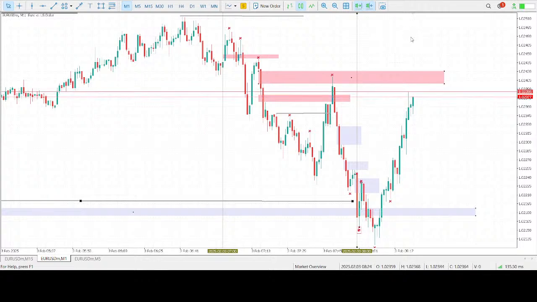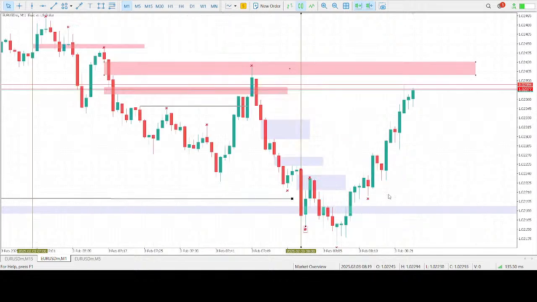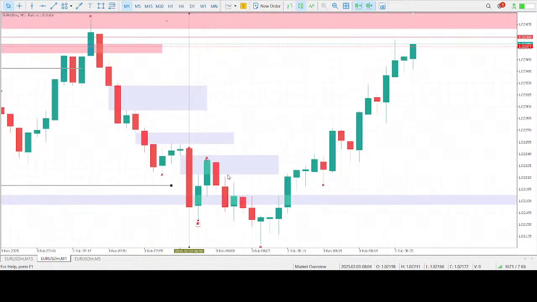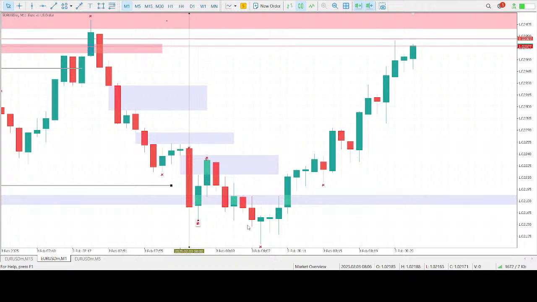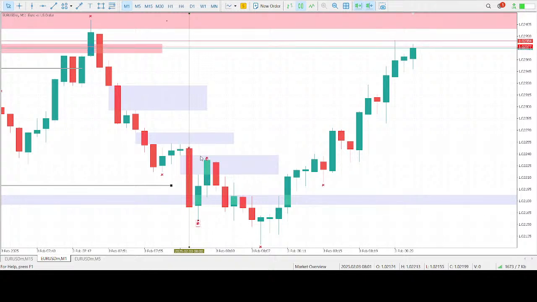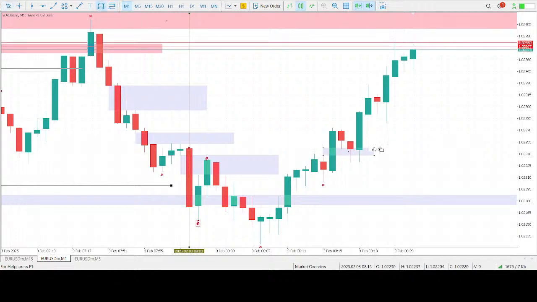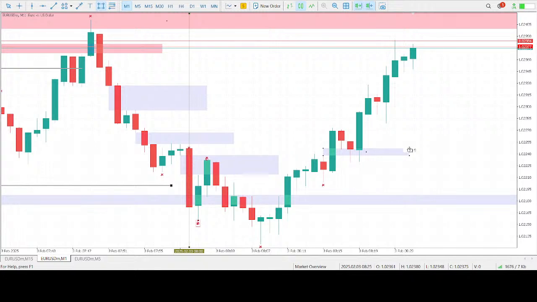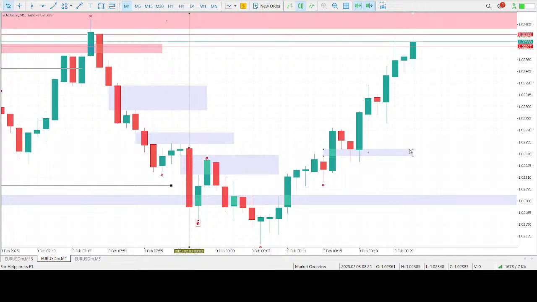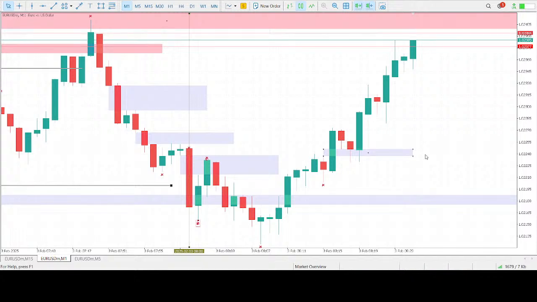There is projection higher than that, but given the price has shown willingness to reverse here, it took out this low, then there was a break in market structure here. After it did that, it came back right into what would have been a fair value gap down here.